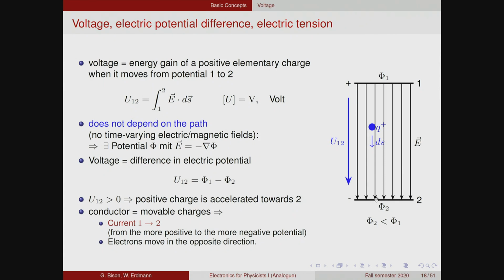It's a conservative potential, so it does not depend on the path, at least if we talk about non-time varying electromagnetic fields. And the voltage is simply defined as the difference in electric potential between these two surfaces.